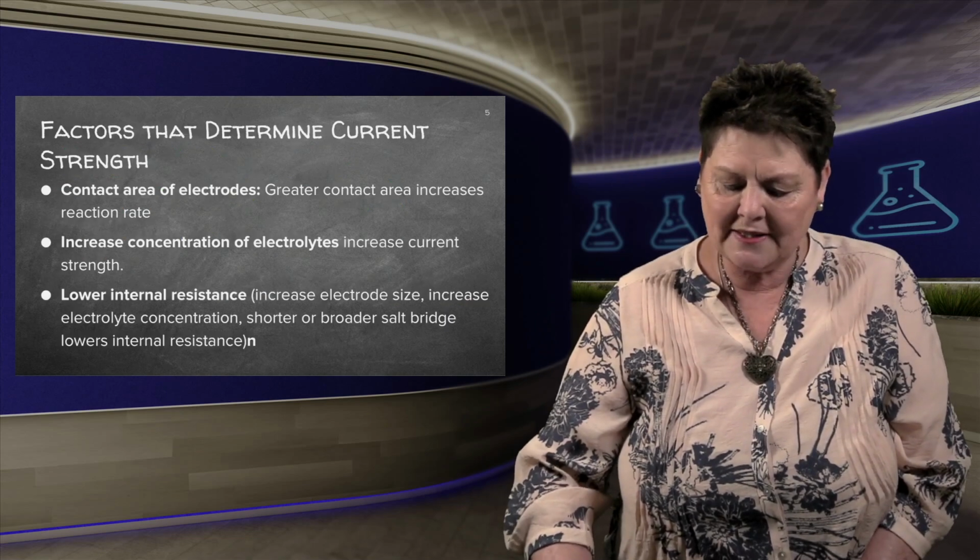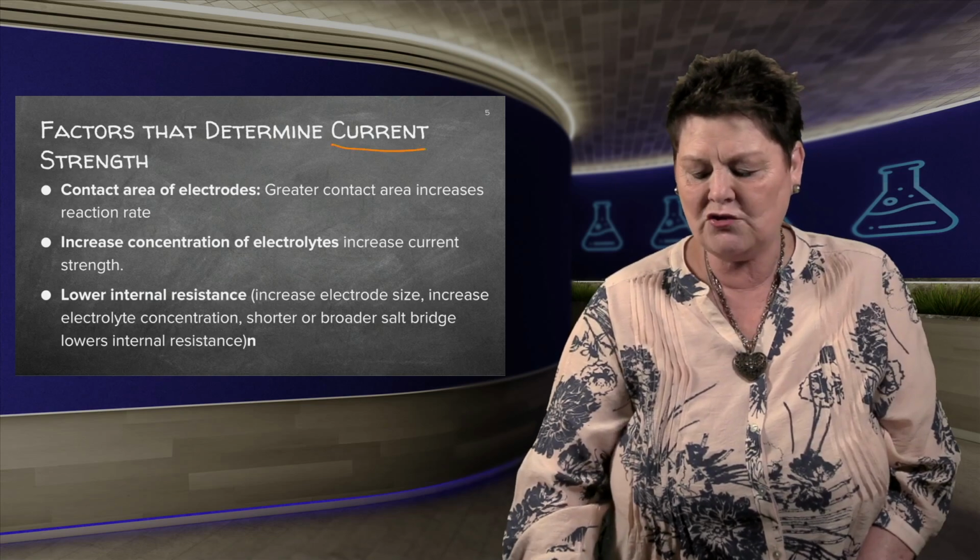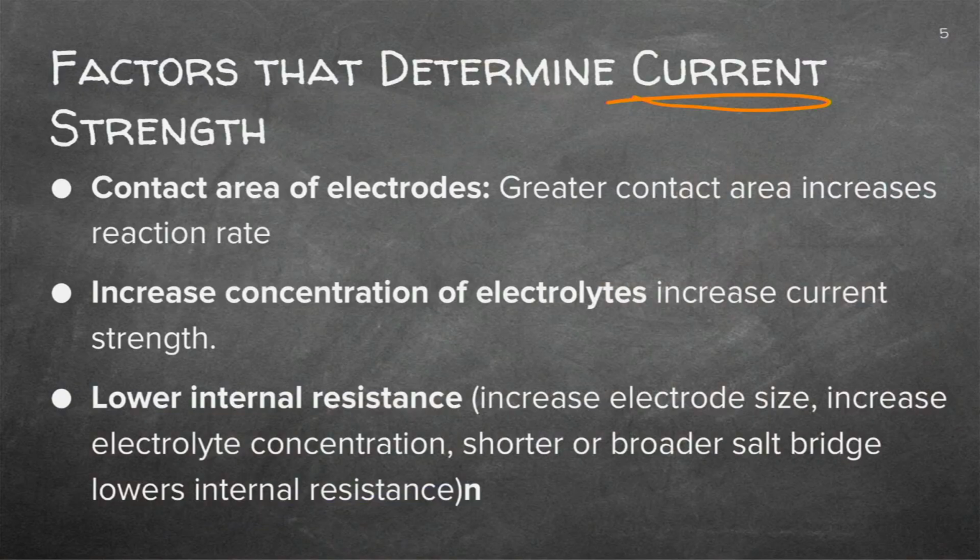There's a few factors that will determine the strength of current. The first one will be the contact area. Now we know we've got the electrode that's inside the container. You know it's a metal usually, but it can be a gas, it can be anything. If that contact area is greater, it will increase the reaction rate.